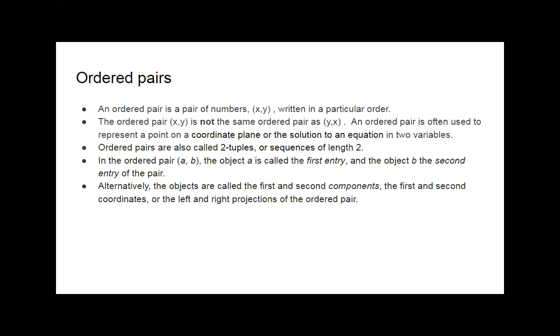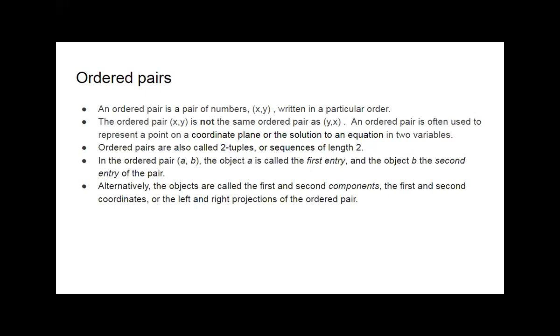Ordered pairs are also called 2-tuples, because it is a pair, so the tuple will have two elements. They are also called sequences of length 2. The length will be 2 in any case because it is named a pair; pair means 2 in number.